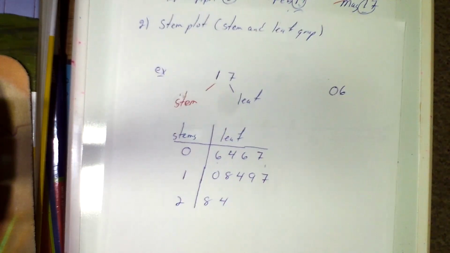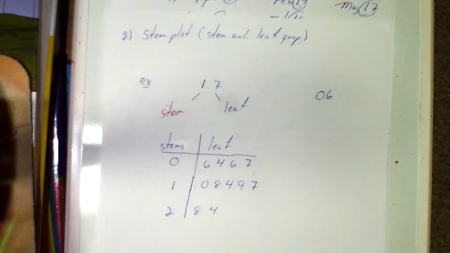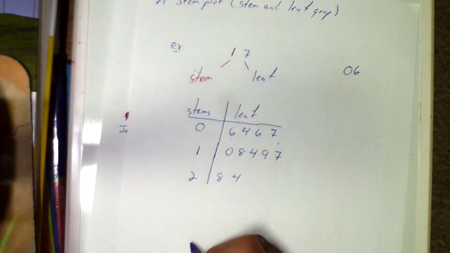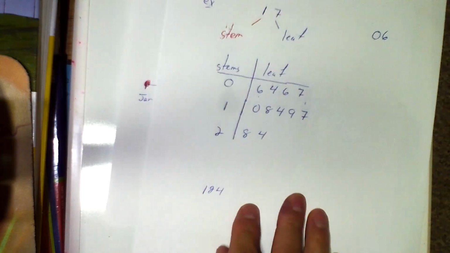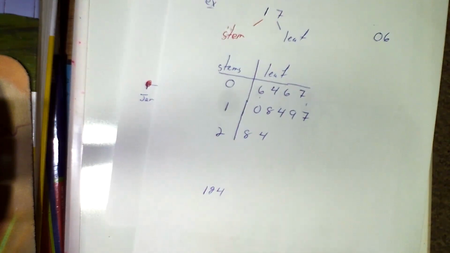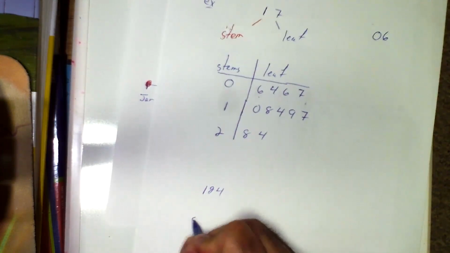Now, if you were dealing with data that had a 3-digit number, let's say a number like 124, you have the choice of how to create your stem and leaf plot.